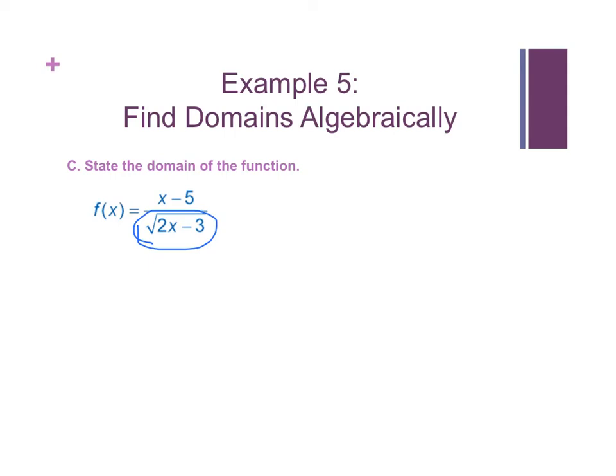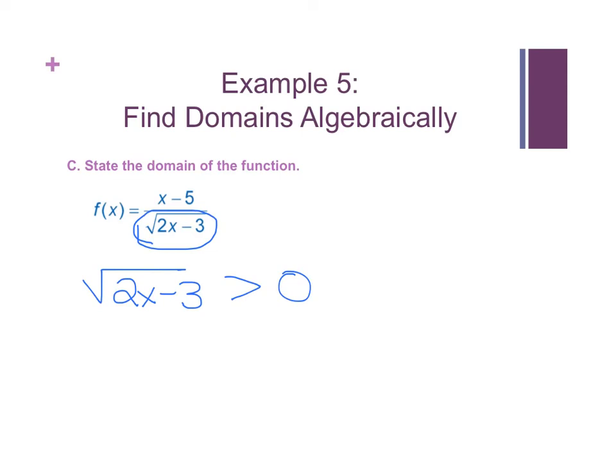So we need to state that 2x minus 3 has to be greater than 0. I'm not including 0 because yes, I can have 0 under the radical, but since the radical is in the denominator, I do not want a 0 on the bottom. So the square root of 2x minus 3, which is my denominator, has to be greater than 0.